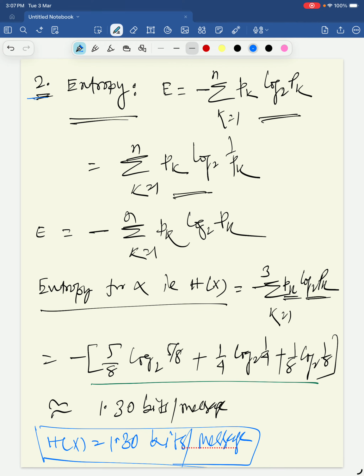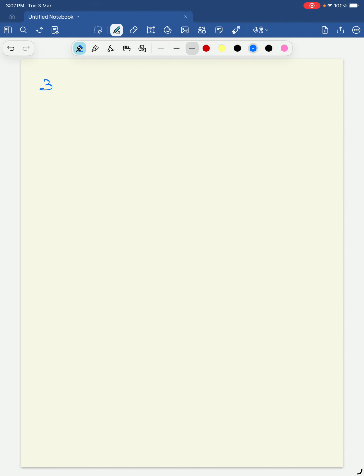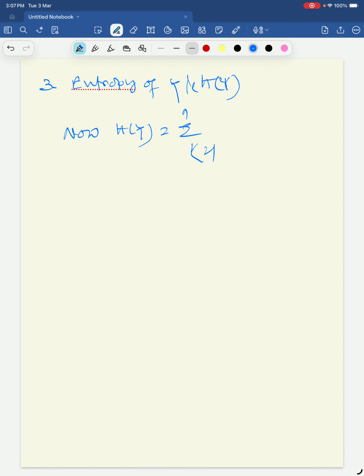Now we'll go for 3, that is the entropy of y, that is H of y. And now we know that H of y is equal to summation over k equal to 1 to n of p_k log to the base p_k with negative sign.